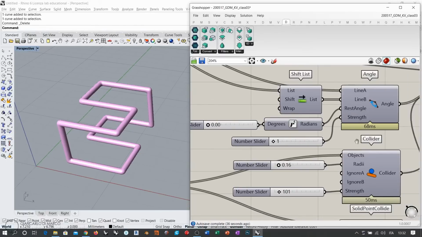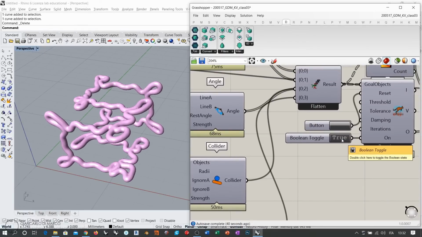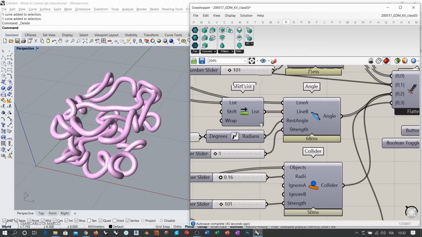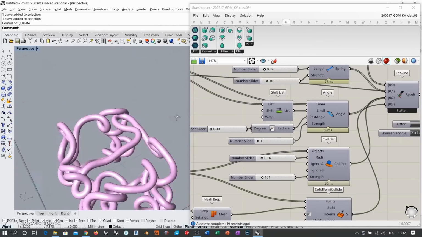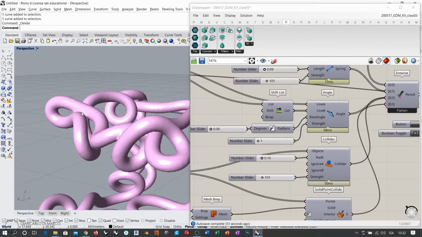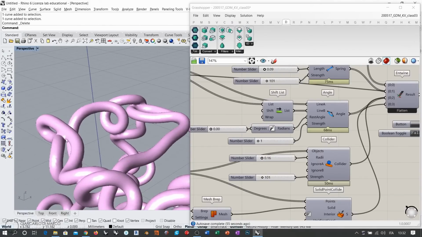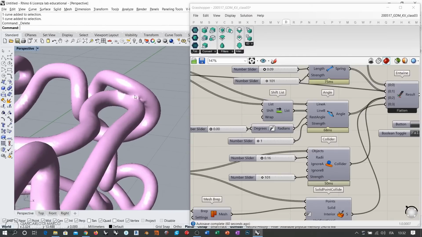So let's try and see if we can decrease this. Yeah, you see that now it's more or less under control. Okay, but eventually it is also already affecting the simulation too much. You see that here things are starting to get problematic because the curve is already going dangerously too close. But I still wouldn't say this is a self-intersection because we have a very small radius.